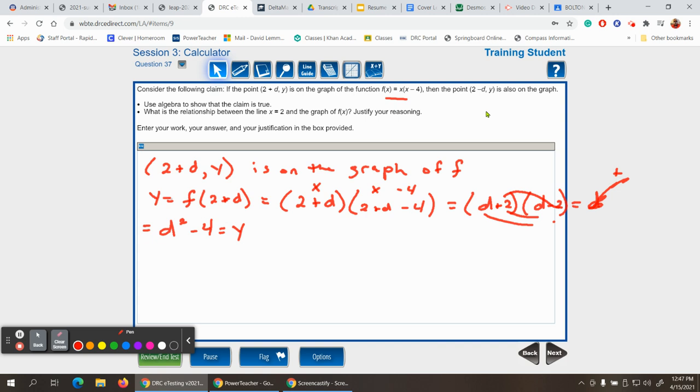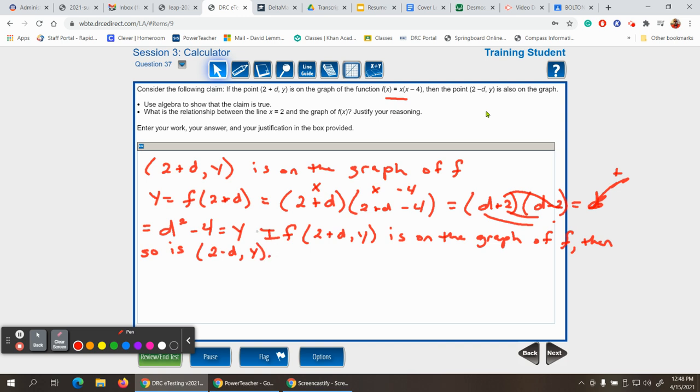So if y equals y, then if 2 plus dy is on the graph of f, then so is 2 minus dy.